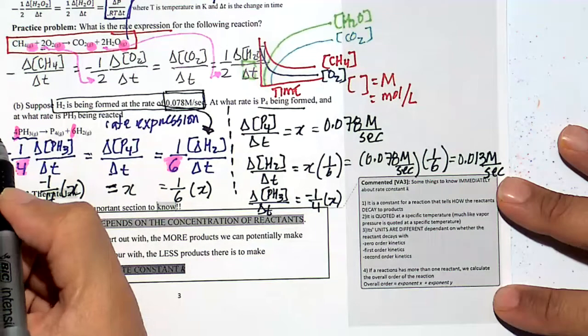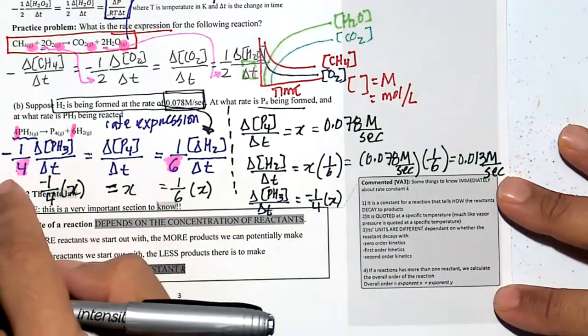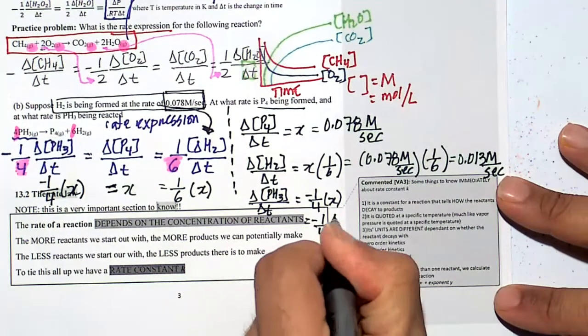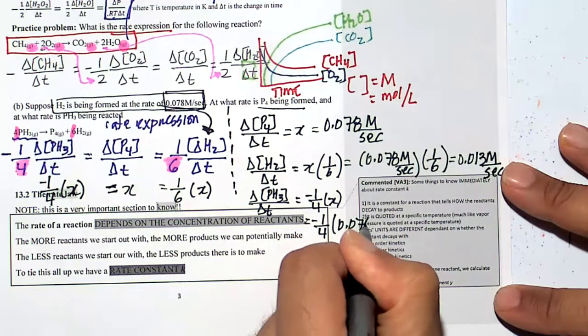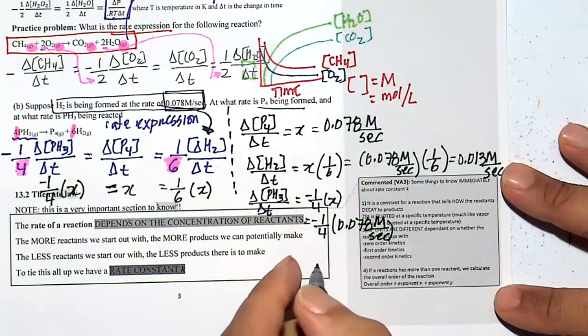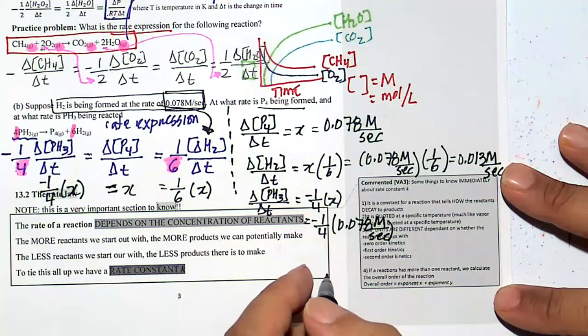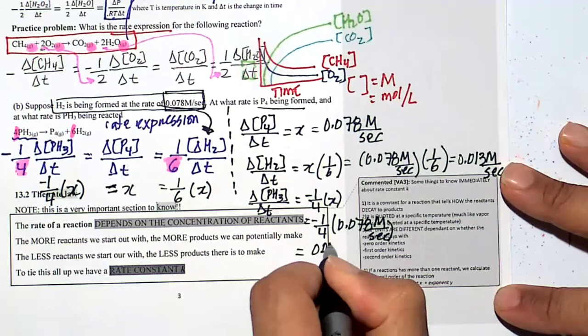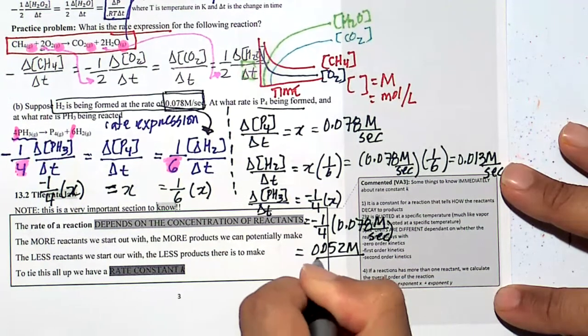And finally, this reactant, PH3 over time, decreases, minus 1/4. So it's going to be minus 1/4 X, which is 0.078 M over seconds. And this is going to decrease. It will decrease at a rate of 0.02 big M over seconds.